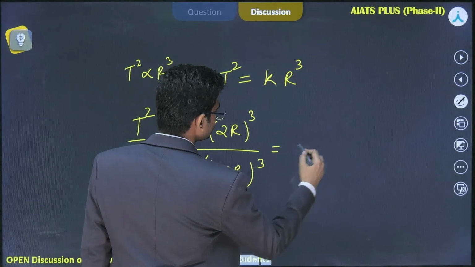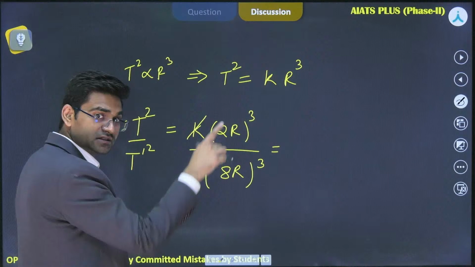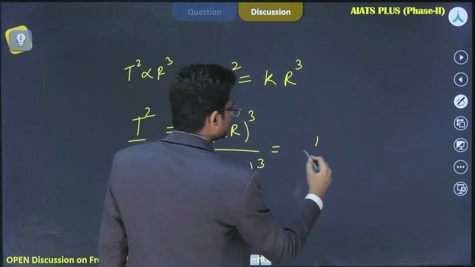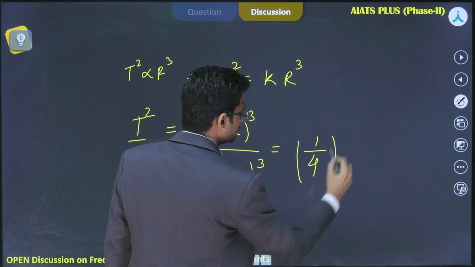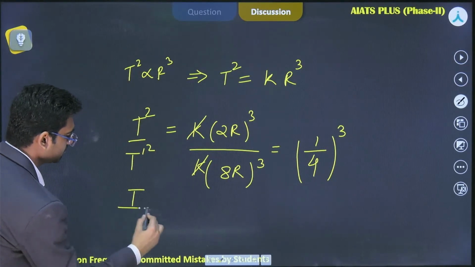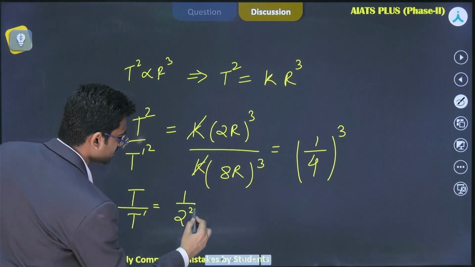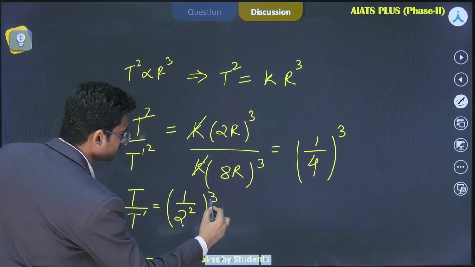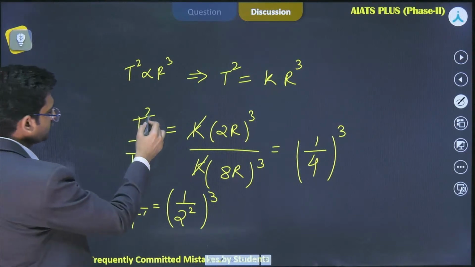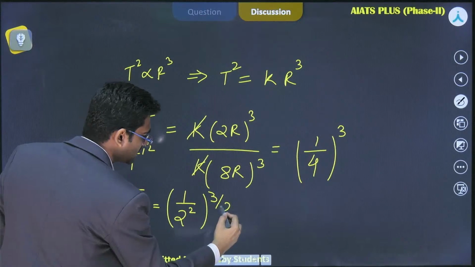This can be written as 2r by 8r whole cube. So 2r by 8r is 1 by 4, cubed. So t by t prime is 1 by 2 squared cubed, and I have taken the square root of this on both sides, so this will become 3 by 2.